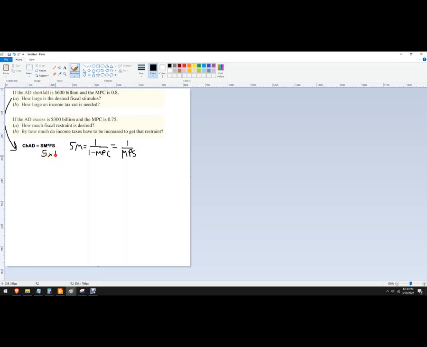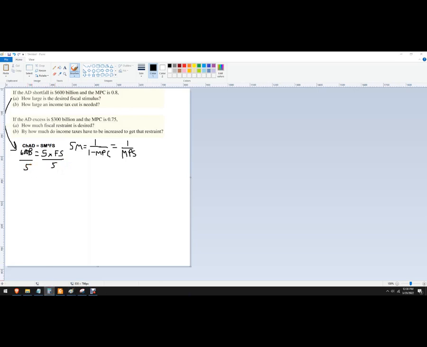We don't know what FS is, the fiscal stimulus, and we want to increase by 600 billion. Okay, so 600 billion is our target, so we're just going to solve for FS, so we just divide both sides by 5.